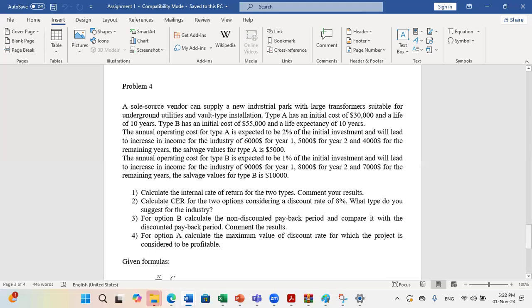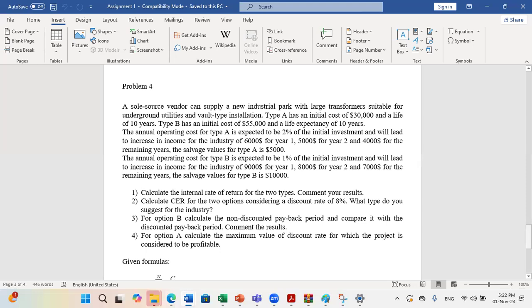Now in this problem, if I just give you this problem and I want you to make judgments, one technique that we use to facilitate the selection is to try first, without considering the time effect, whether the project is profitable or not. Because if we don't consider the time effect and already got bad results, we can stop from here.